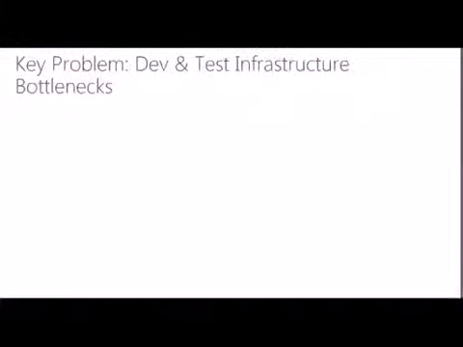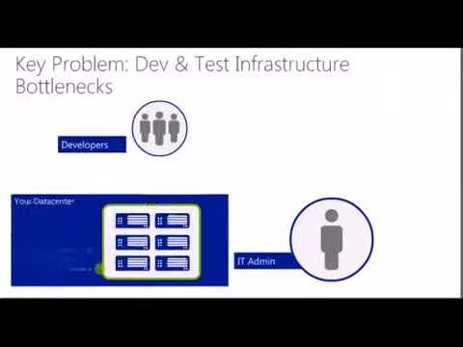It's probably best to take a look at the key problems that people have in development and testing on their infrastructure. When you think of this on premises, we're finding a lot of customers use virtual machines, and they work with their IT departments to provision those virtual machines into a dev and test environment locally.